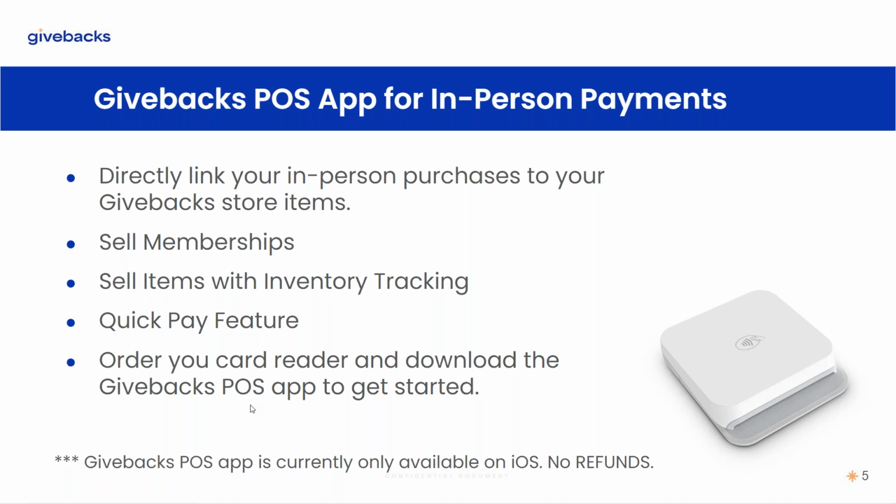You'll use that app, you'll pair the device, and like I said earlier, you'll be able to see all your products and be able to manage the purchases right there on your phone. Now, the GiveBacks point of sale app is only available in iOS, so you've got to make sure that you have admins who have iPhones in order to use the Stripe credit card reader.